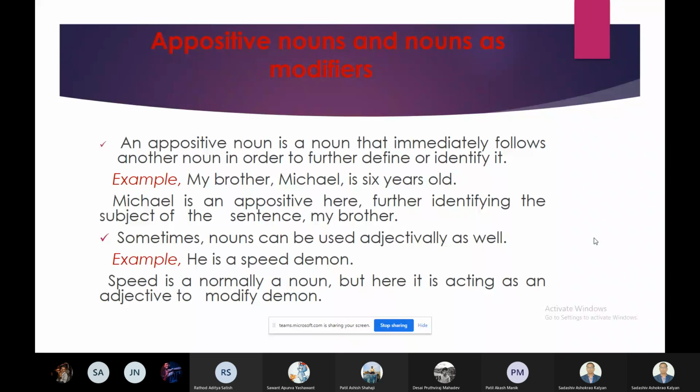Here in this example, speed is normally a noun, but here it is working as an adjective to modify the word demon. That is how nouns work as appositive nouns.